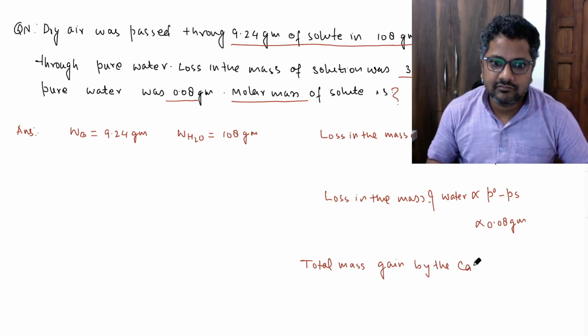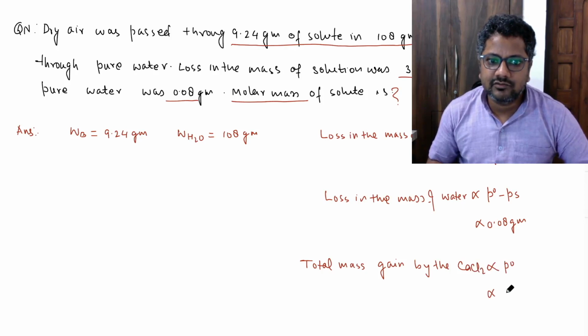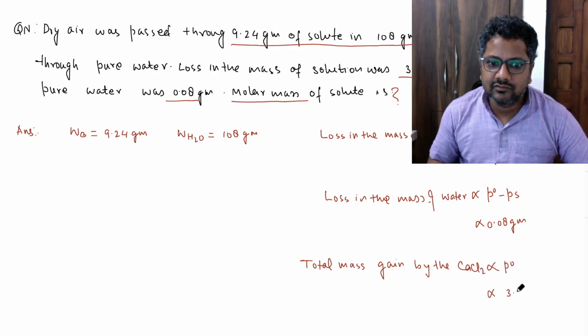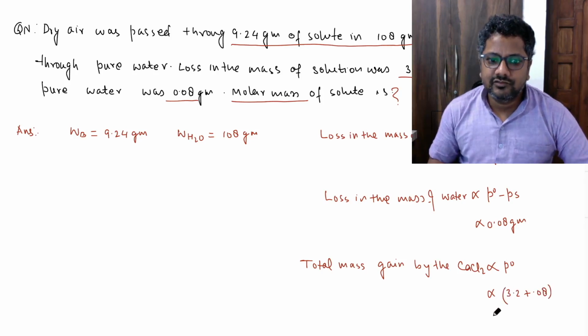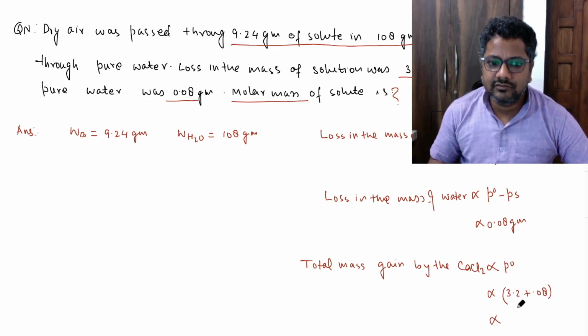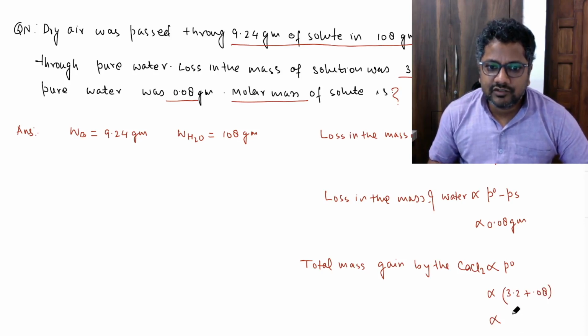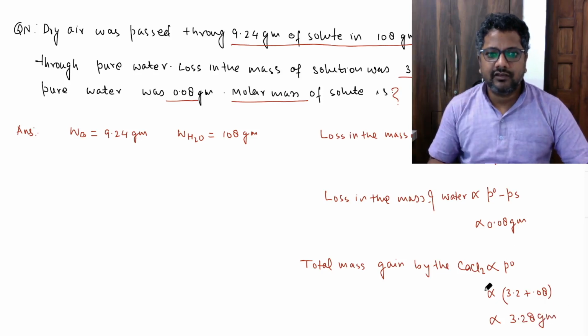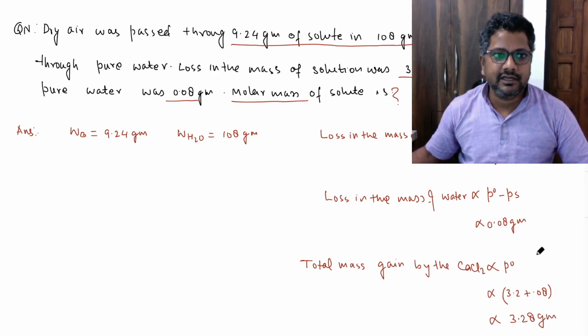It is directly proportional to P naught. So this is equal to 3.2 plus 0.08, which is equal to 3.28 gram. Hopefully all the required information we have gathered.